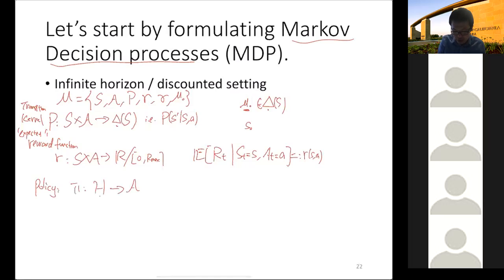This is a union over all t, the empty set union with t from 1 to positive infinity, of the histories s_1, a_1, r_1, up to s_t, a_t, r_t, and so on.